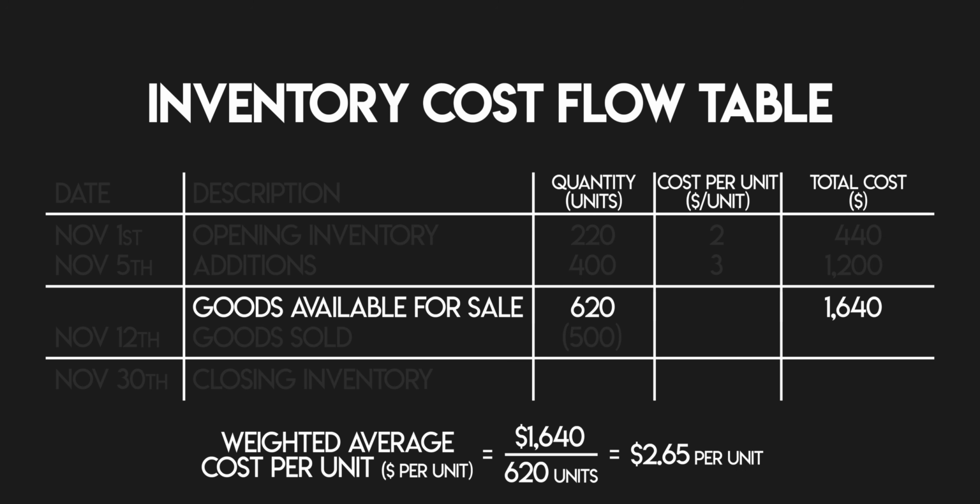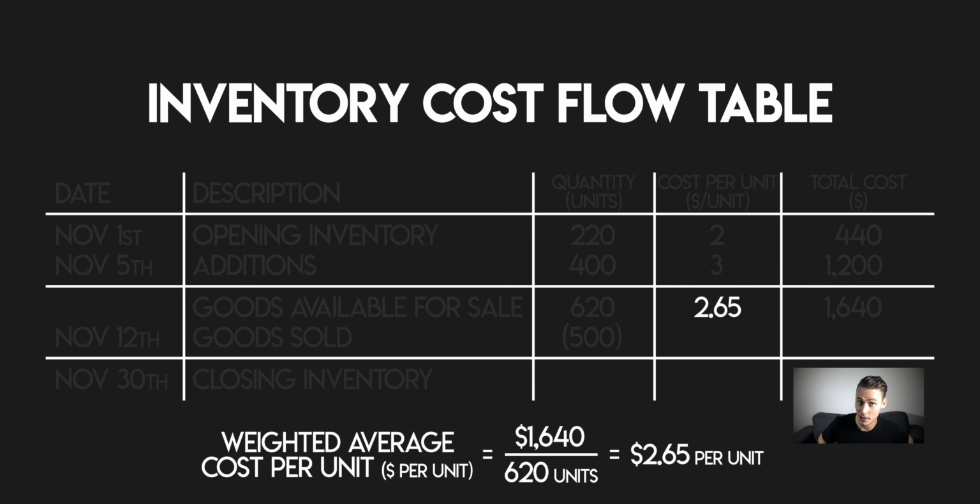But we'll round this to $2.65 per unit. $2.65, the weighted average cost per unit of your goods available for sale. Alright, keep this number in mind for the next bit. We'll be using it to work out your total cost of goods sold.